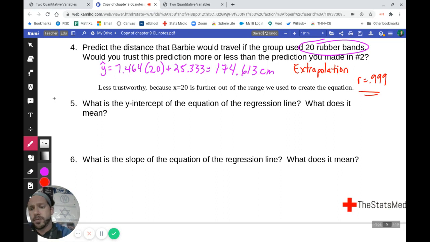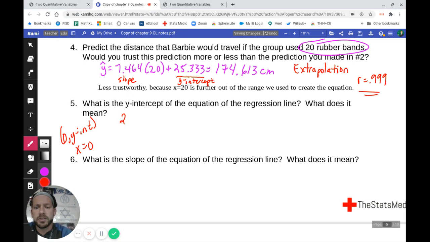Our y-intercept, remember our y-intercepts are when x is 0. So for 0 rubber bands, our y-intercept is going to be that value given to us. So we're given our slope and then our y-intercept in our equation.